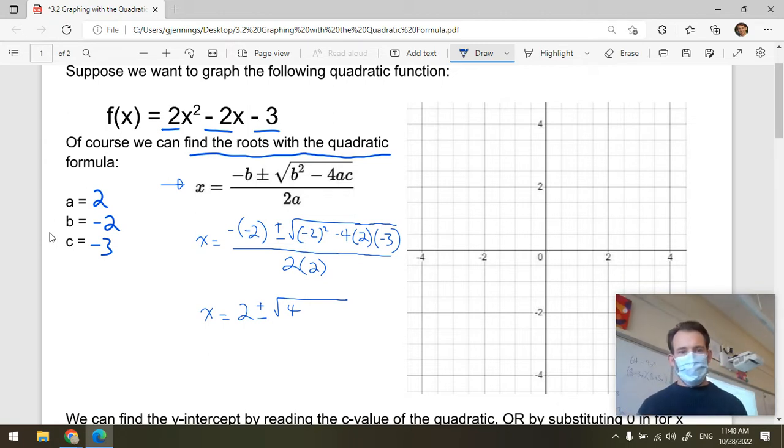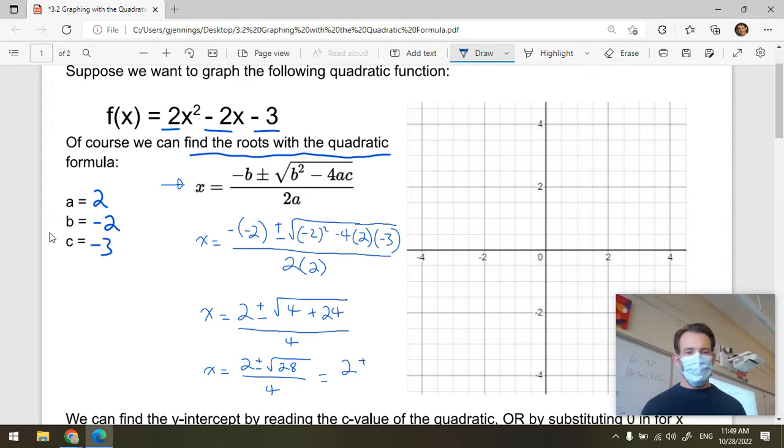So we have 4 plus 24, all over 4. All right, let's go down one more line. X is equal to 2 plus or minus the square root of 28 over 4. And we can simplify that even more.